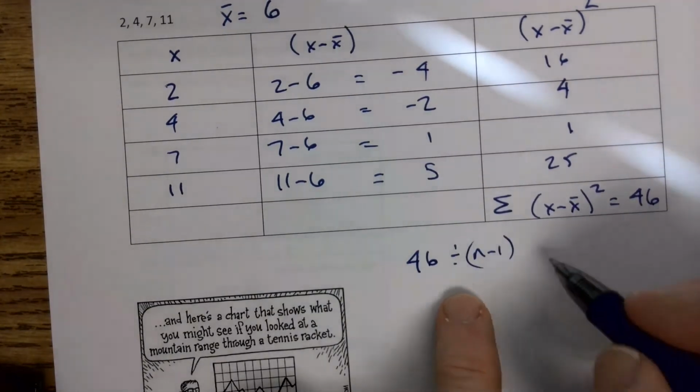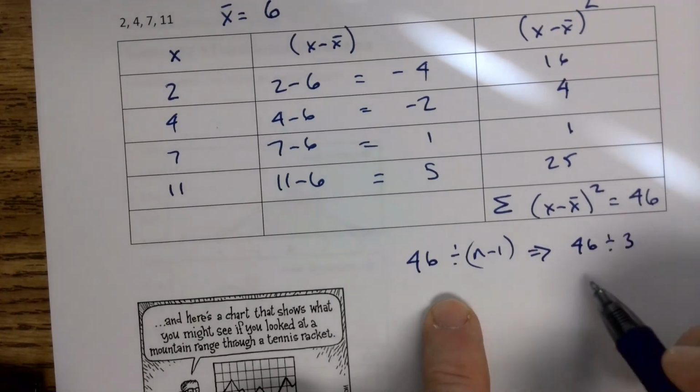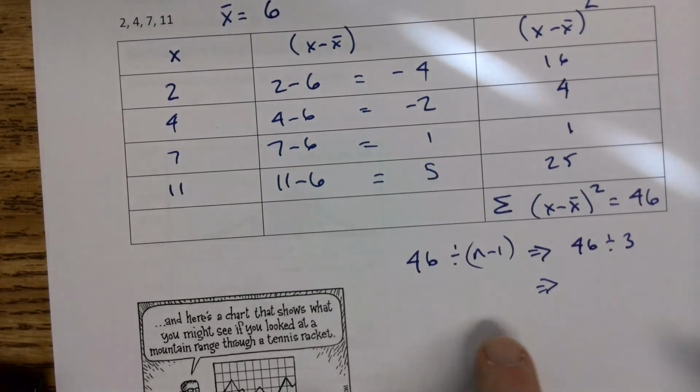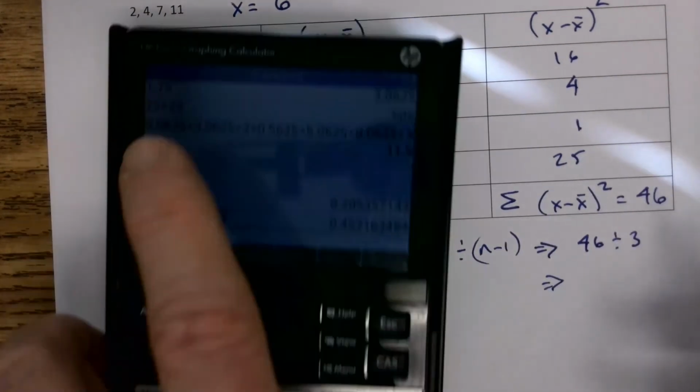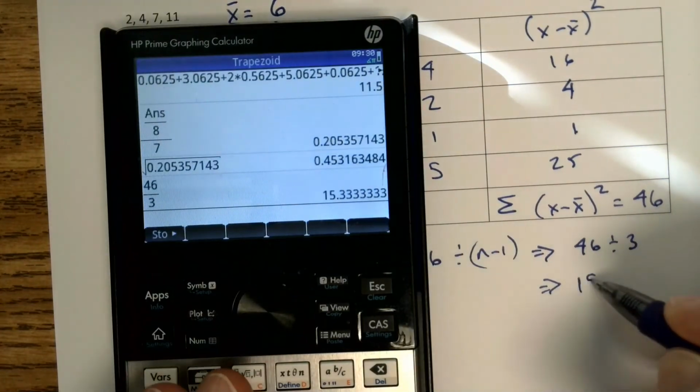Now we're going to divide 46 by n minus 1, which would be 46 divided by 3. I wish that would have come out to be a nice number. Oh well, time to go to a calculator. 46 divided by 3 is 15.3 repeating.